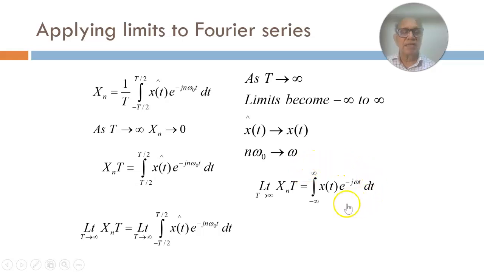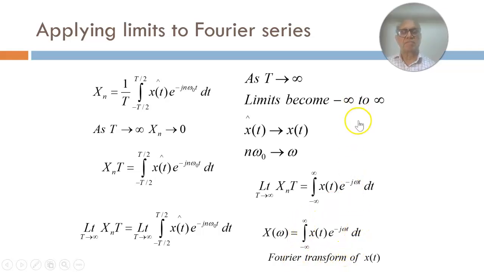Now if you look at this right hand side integral, you will find that the integration is with respect to time, the time variable. So when you integrate this and put the limits, clearly the right hand side will be just a function of omega. Therefore, we can write this equation as X(omega). The left hand side can be written simply as X(omega), that is integral from minus infinity to plus infinity of x(t) e raised to minus j omega t dt, and this is called the Fourier transform of x(t).